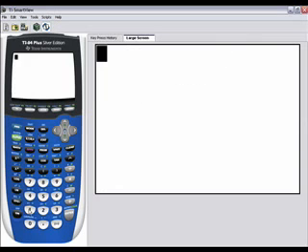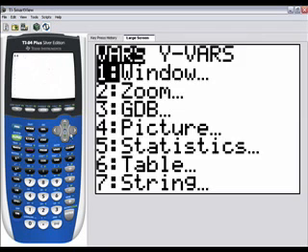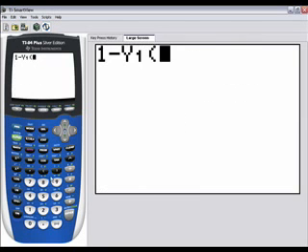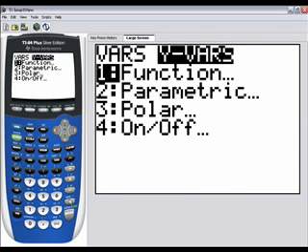Okay, so our first guess was 1, so it's 1 minus y1 of 1 divided by y2 of 1.